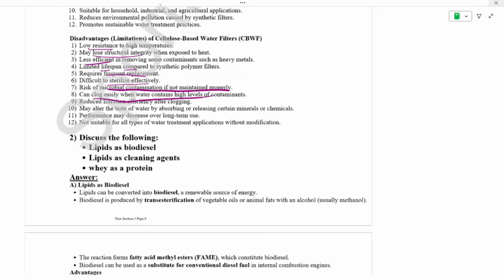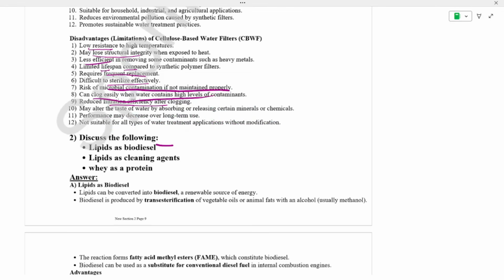It can clog easily when high levels of contaminants enter, with reduced filtration efficiency after clogging. It may alter the taste of water by absorbing or releasing certain materials or chemicals, and performance may decrease over long term use. It is not suitable for all types of water treatment applications without modifications.